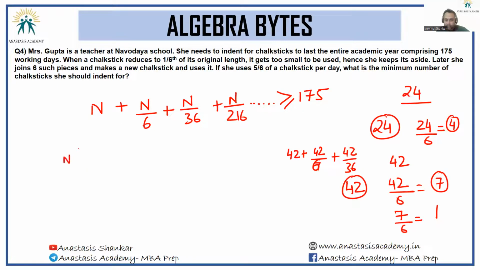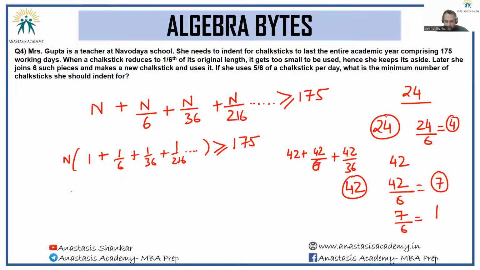If I take out n common, what is left in the bracket is an infinite GP with a common ratio of 1 by 6. This has to be greater than or equal to 175.